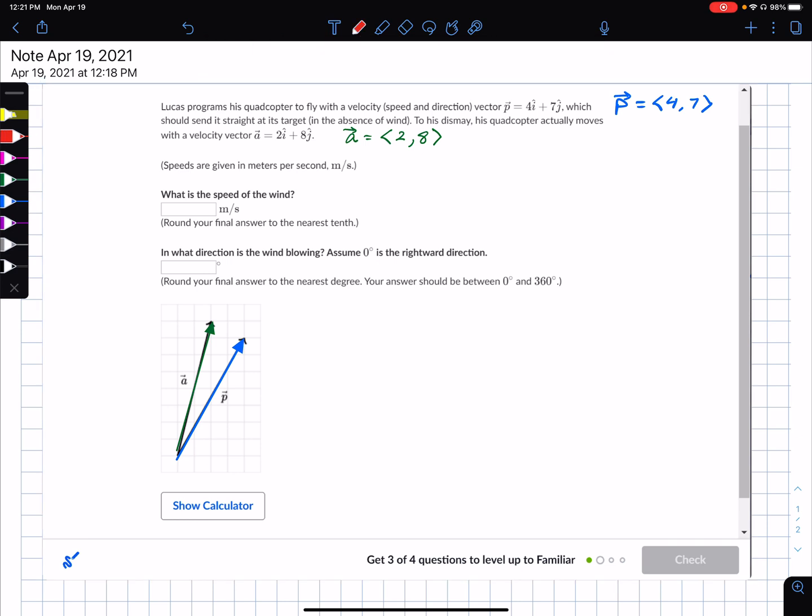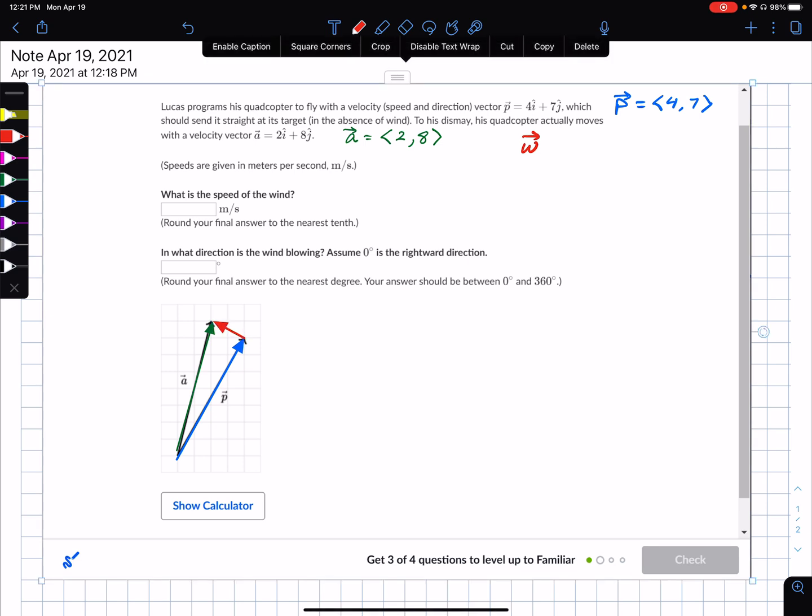So the wind, which I'm going to use red for, is really the difference. What moves the quadcopter from the blue to the green here is that little red vector.